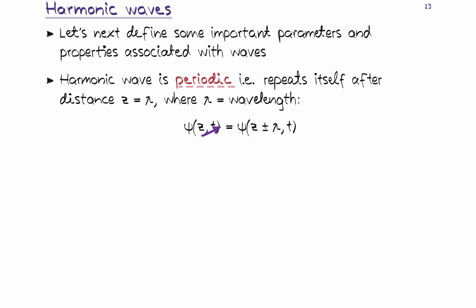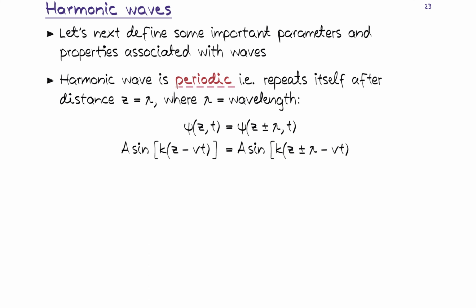So we have this equality between the location z, and when we go, for example, one wavelength along the positive z direction. This equality must hold, and this is how we define the wavelength for this harmonic wave. We plug in the actual forms for the waves, and we get this kind of equality.